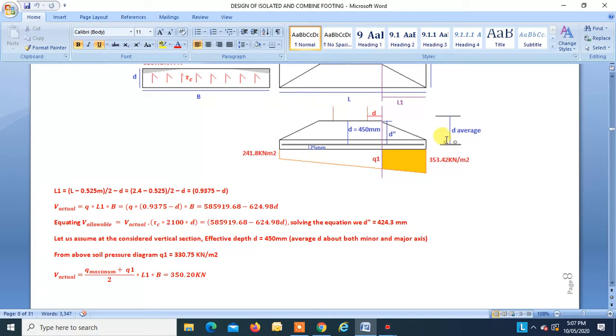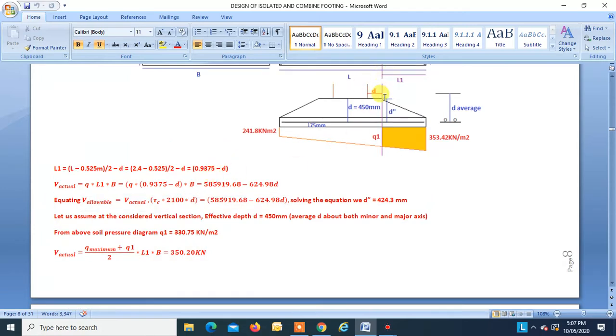Say this is 12 mm, this is also 12 mm, then 12 and 12 is 24, so you have to start this line from 12 mm, from the top to the center of these two layers. That is D average, so this D average can be used in both axes, that is minor axis and major axis.